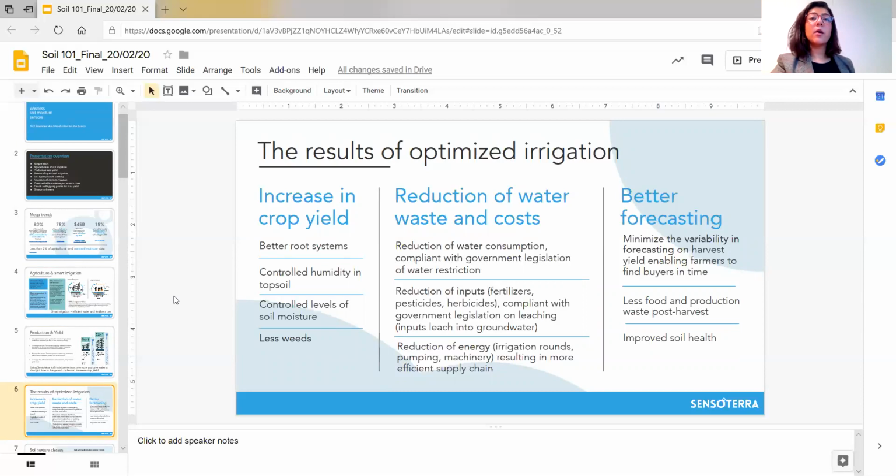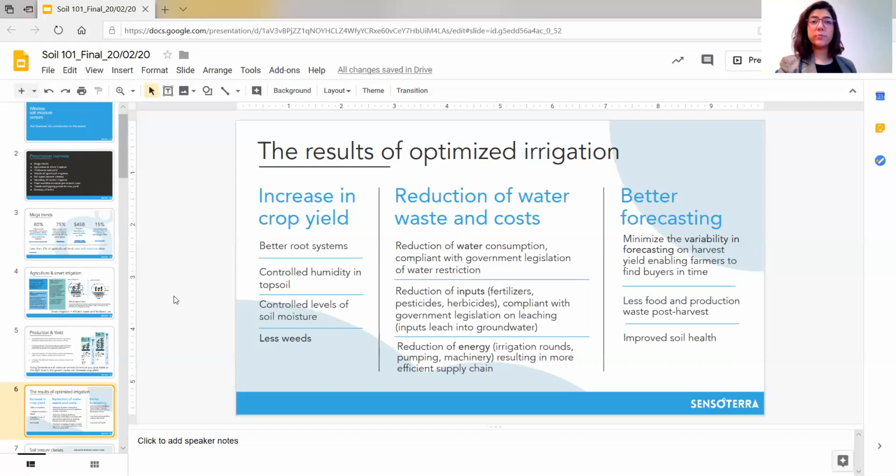Now, also talking about the reduction of water, waste, and costs. The reduction of water consumption, compliant with government legislations on water restrictions. So we know that in different places there are water restrictions already happening as a pressure from the government.